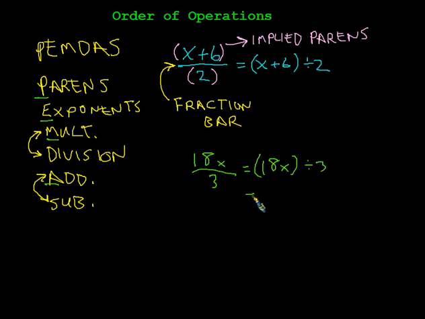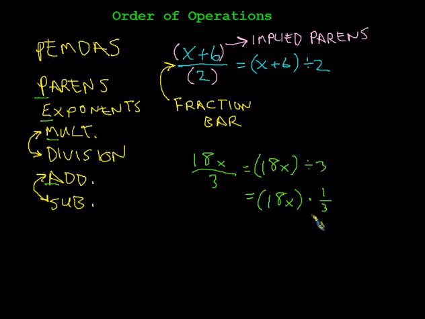And it turns out that we can change that division into multiplication. I don't know if you recall, but there's a rule that if you want to change division into multiplication, just change this to a times and then take the reciprocal of the number that you're dividing by. So what we'll do is we'll make this into 18x, and we'll do times 1 over 3.